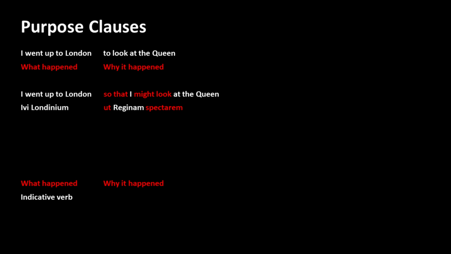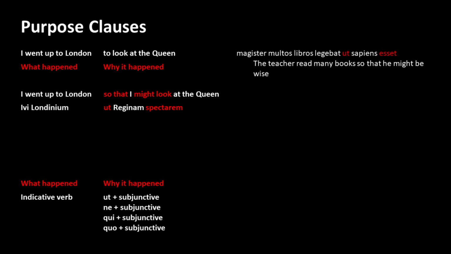In the right-hand column, why it happened, you can have ut plus the subjunctive. You can have ne plus the subjunctive, qui plus the subjunctive. You can have quo plus the subjunctive. And here let me give some examples of purpose clauses to show the various use of these alternative signpost words.